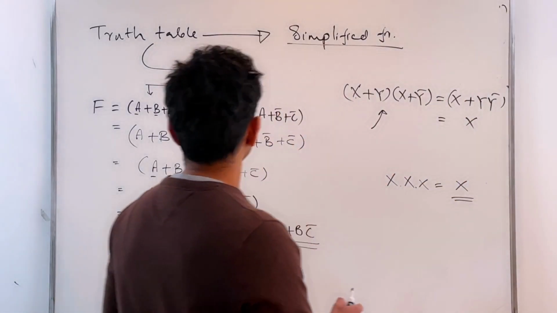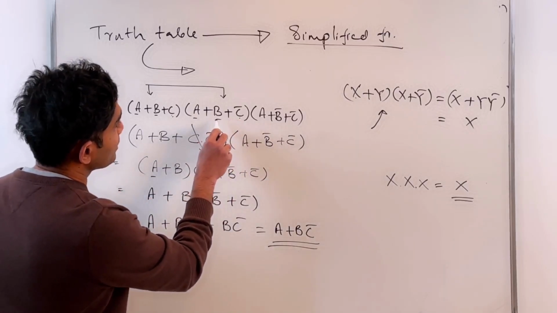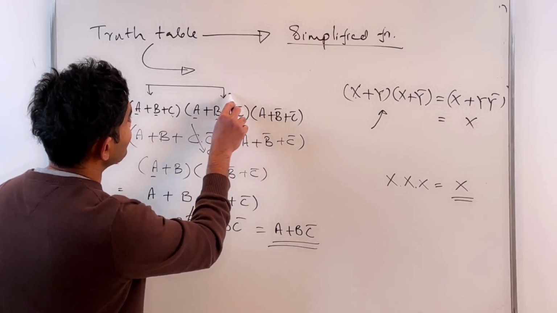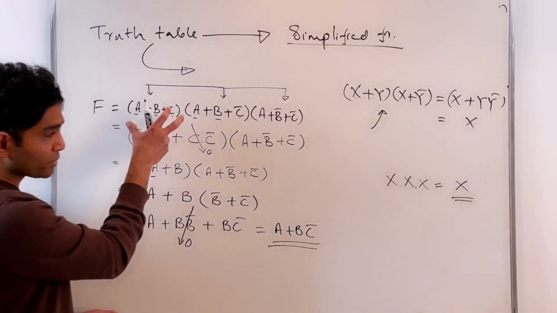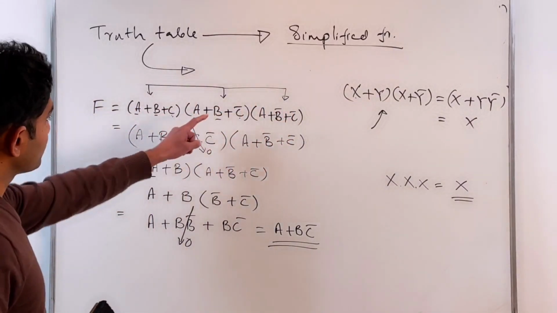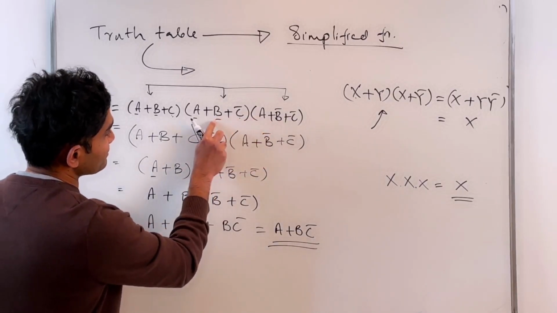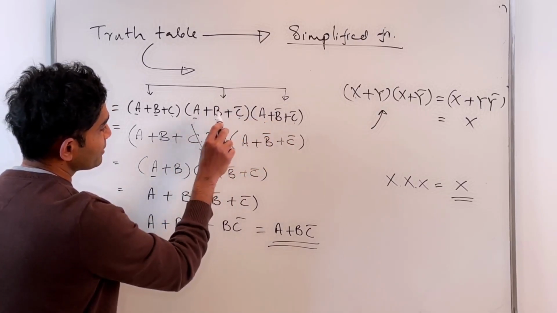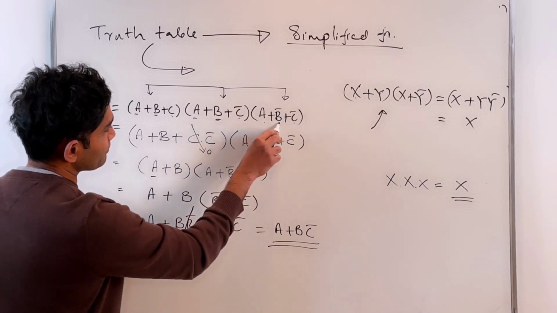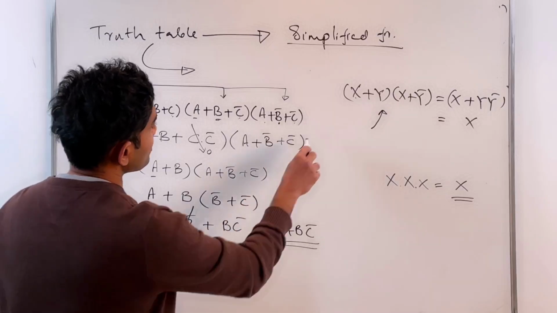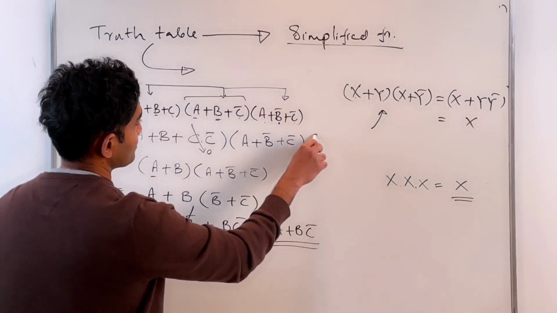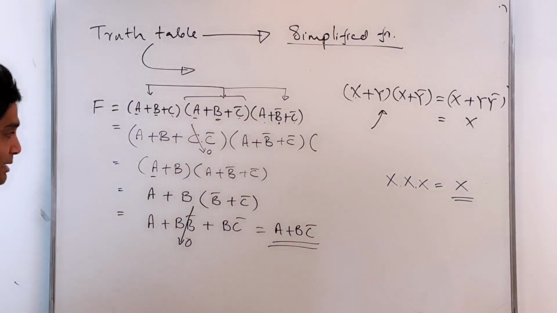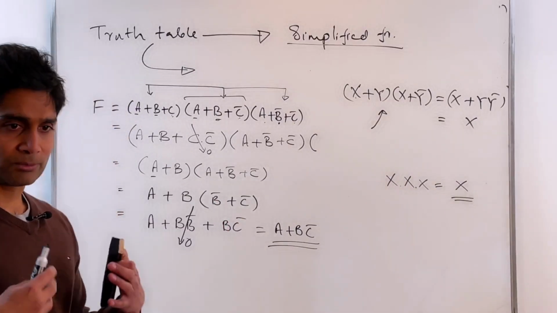In other words, if I see this, A plus B plus C prime, if I look at these two expressions in the original problem, even in this case, I could have combined these two, right? Because A is common, C prime is common, only one variable changes, B to B prime. In other words, I can reuse this one again without changing the value of the function. I can reuse this term. Again, remember that this is an alternate approach. I'm just trying to illustrate.